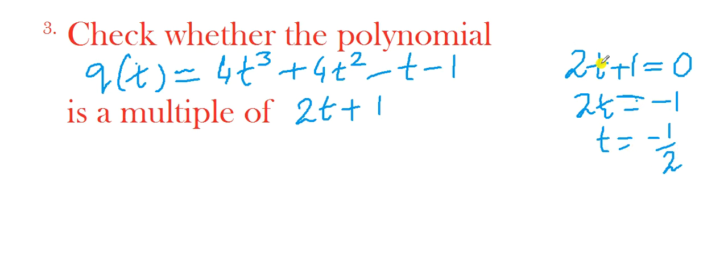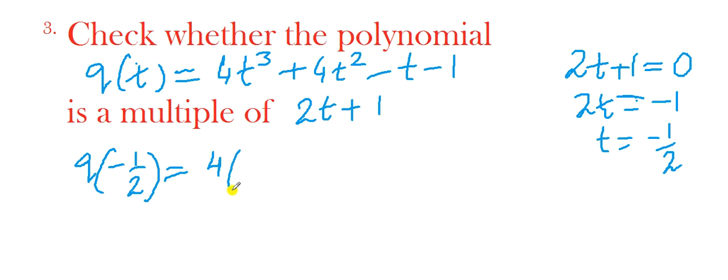So you need to find the value of the variable by equating it to 0. And the second step will be finding the value of this polynomial at that particular value. So you'll find q of negative 1 over 2, which will basically give you the remainder.